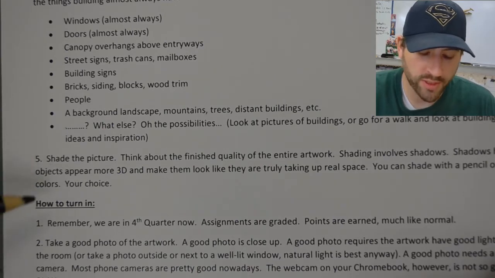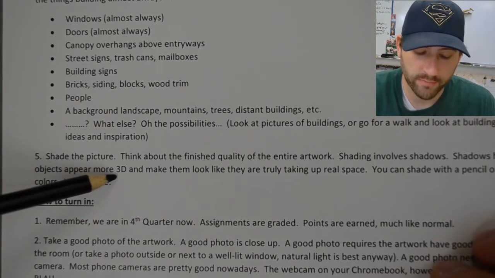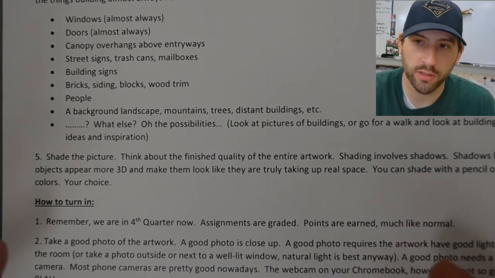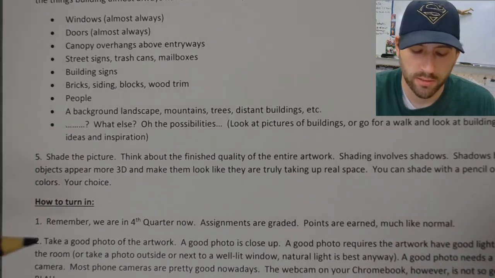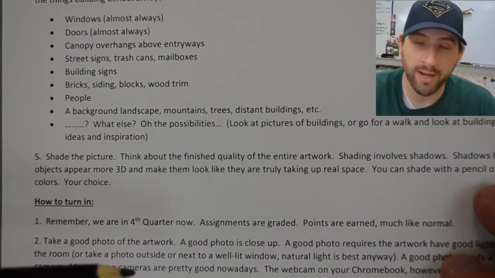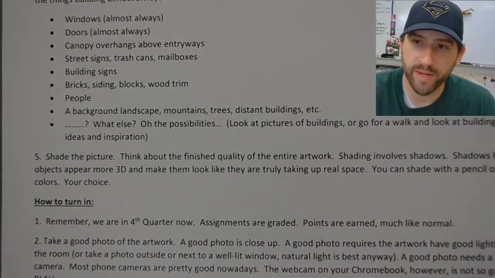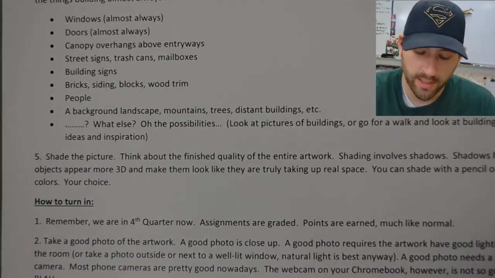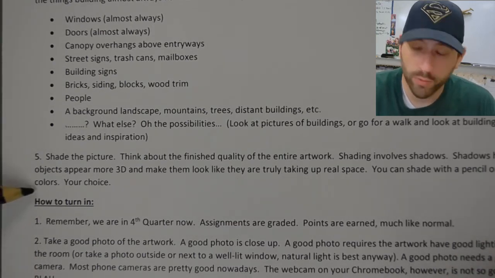Shadows help objects appear more three-dimensional, so that makes them actually look round and solid. And it also makes them look like they are actually taking up three-dimensional space. You can shade with a pencil or colors or both.